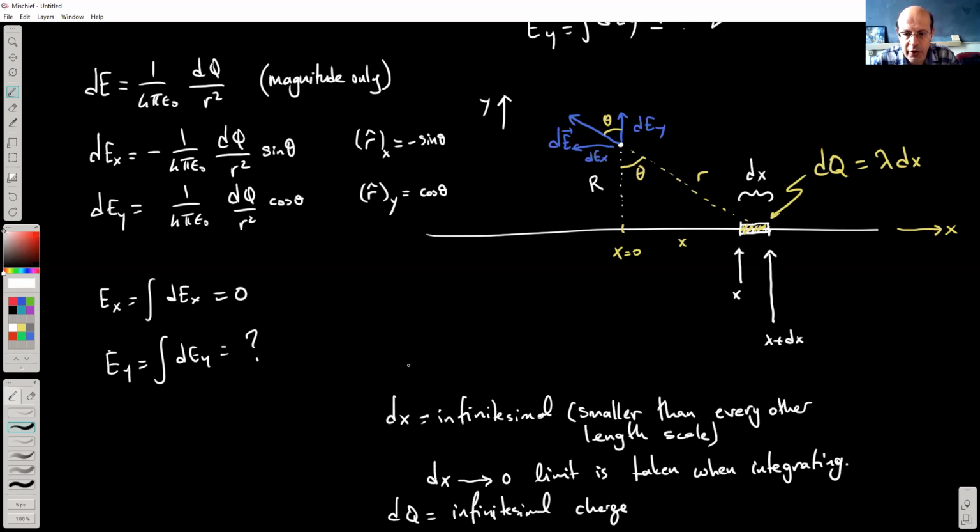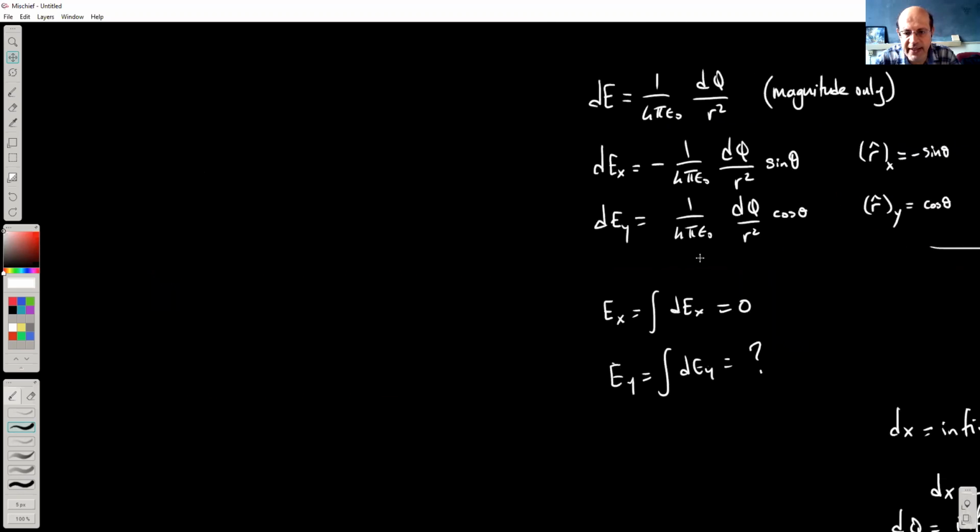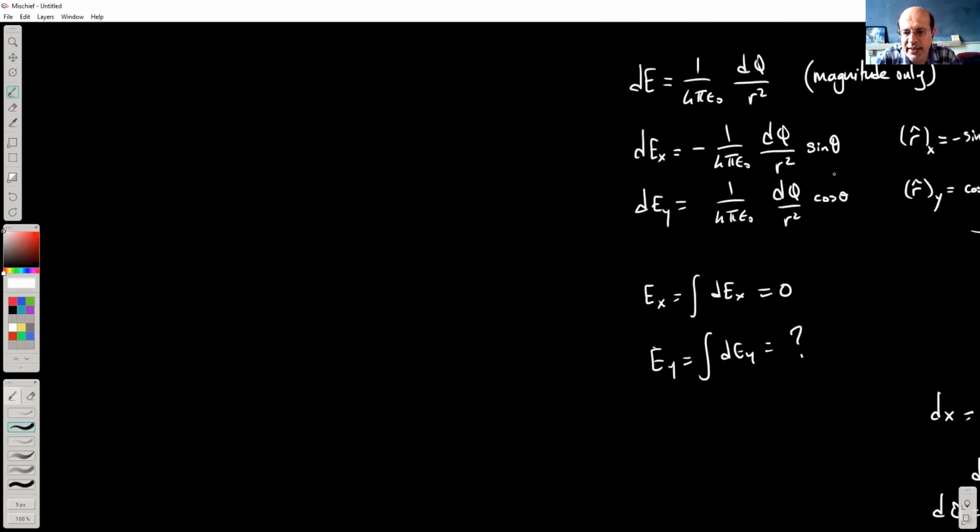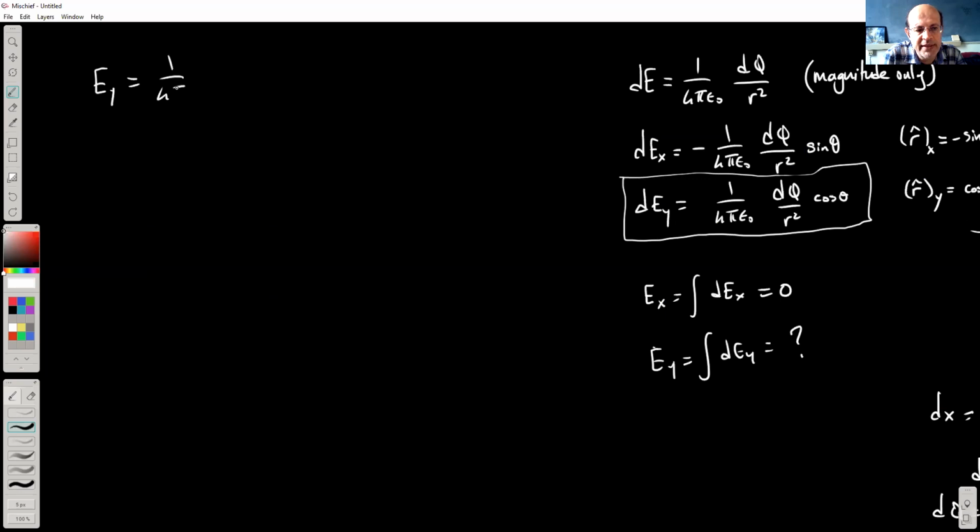Okay, so I'm just going to do it like this. I'm going to shift this to the left again. So this is the one that I'm worried about. I think I'm going to box this. Right? I need to evaluate this integral, Ey. That's 1 over 4 pi epsilon 0, and then we have dq over r squared times cosine theta.